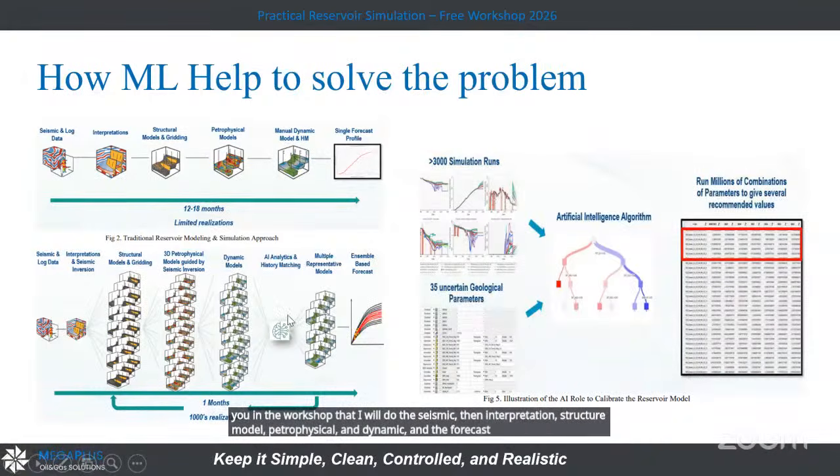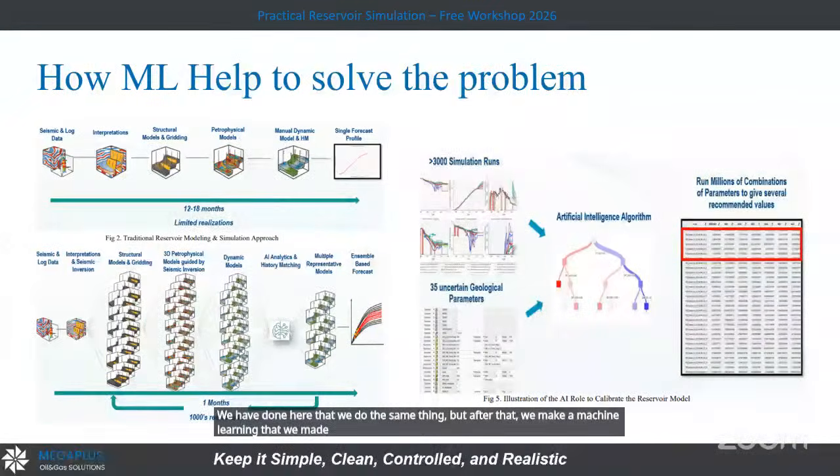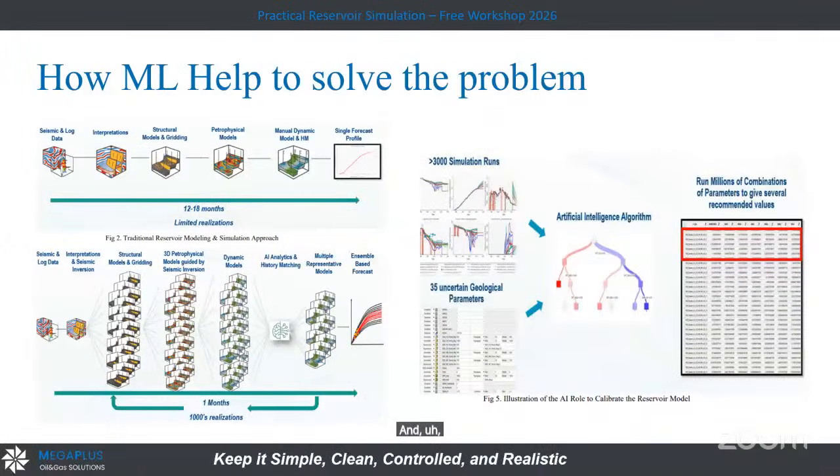What we have done here is the same thing, but after that we made a machine learning workflow with millions of uncertainties and realizations. We put in the uncertainties like the facies distribution, the petrophysical parameters, and all of that to get a realistic history match with these contacts.